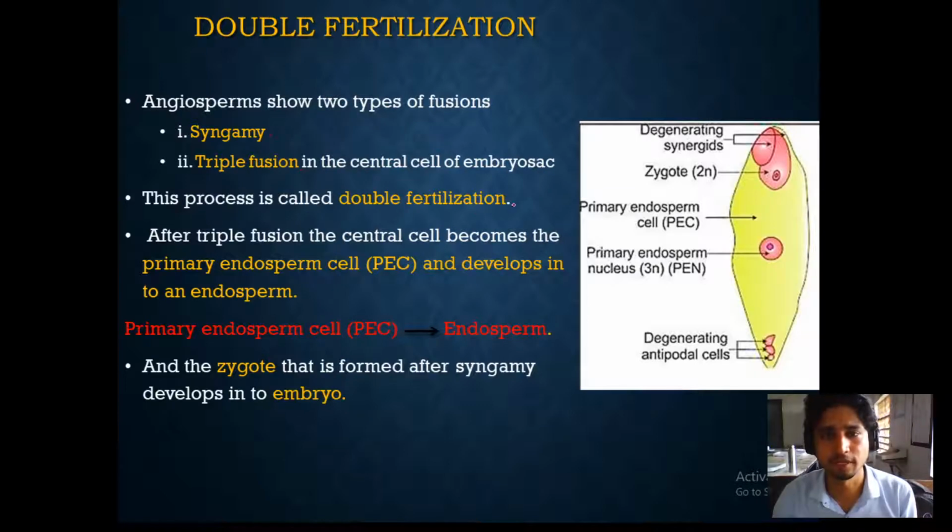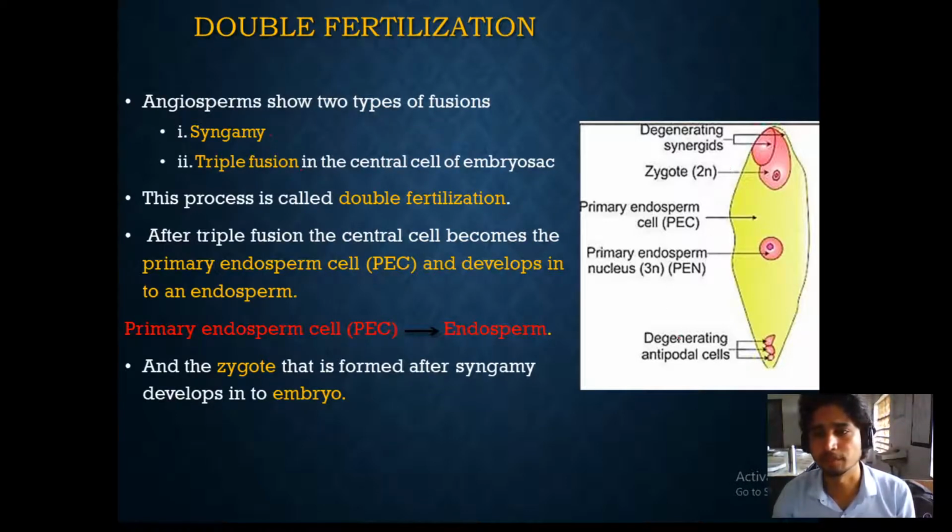This double fertilization is exclusively seen only in the angiosperms, the flowering plants. No gymnosperms, no pteridophytes, no bryophytes exhibit this kind of double fertilization. It is a characteristic feature of angiosperms.